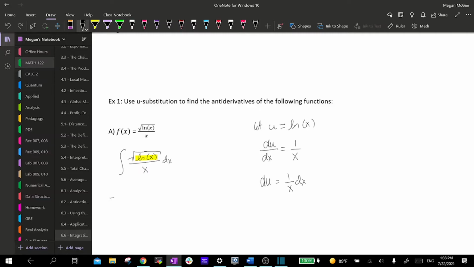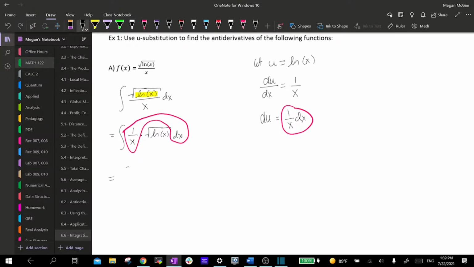If we rewrite our integral, we could write this as the square root of the natural log of x times 1 over x dx.